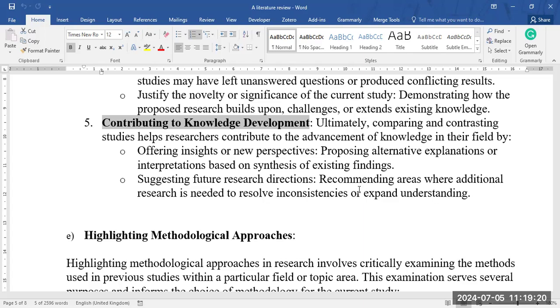So they can suggest some future research direction. That means based on their experience, they can give some sort of direction to future researchers to continue the research in a particular area.